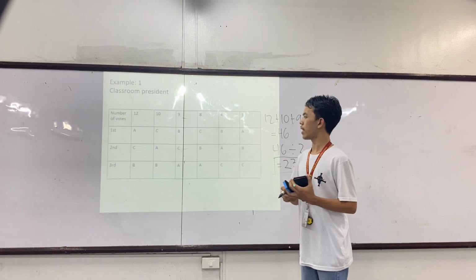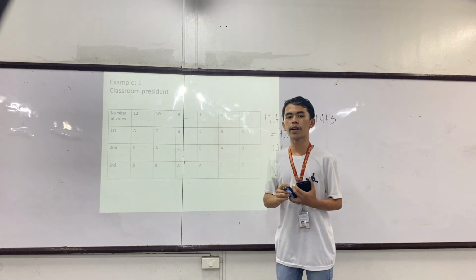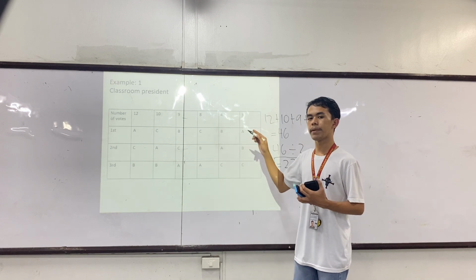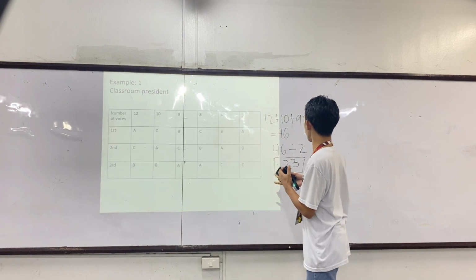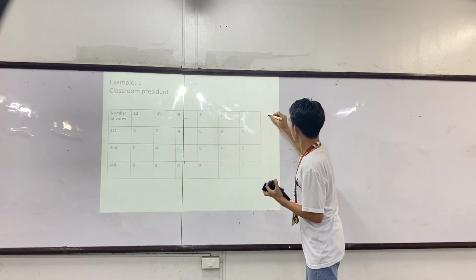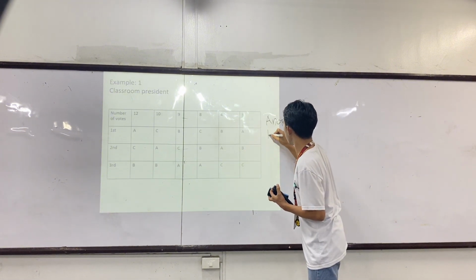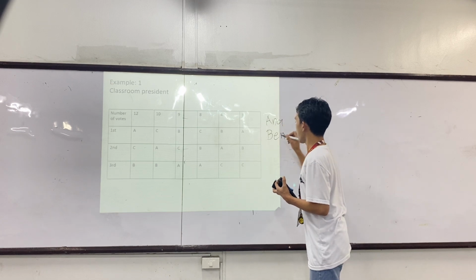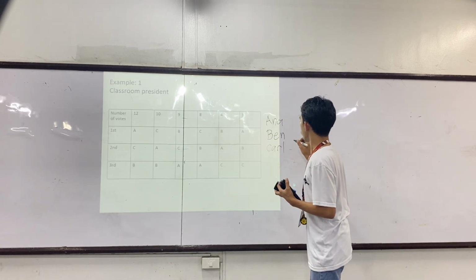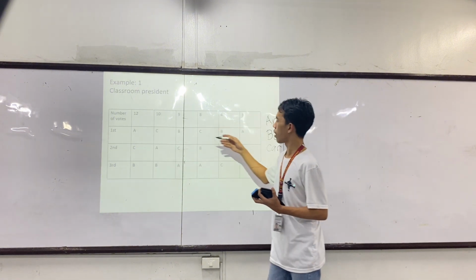So now let's proceed to the vote, the A, B, and C. A is for Anna, B is for Ben, and C is for Carl. So this is the first vote.